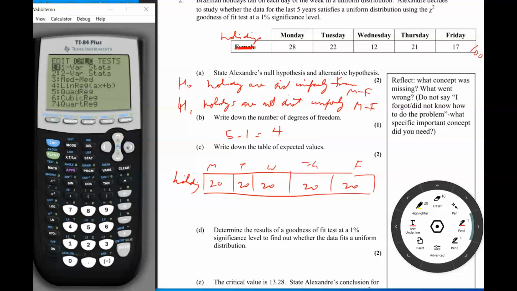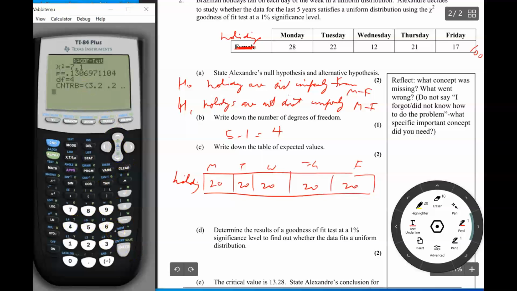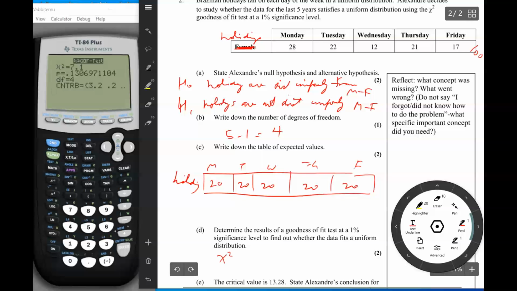So then I go to stat tests, and I go to chi-squared goodness of fit, and observed is L1 and expected is L2. And my degrees of freedom in this case, I said it was 4, right? And I calculate. And so my chi-squared value is going to be 7.1, and my p-value is going to be 0.131.